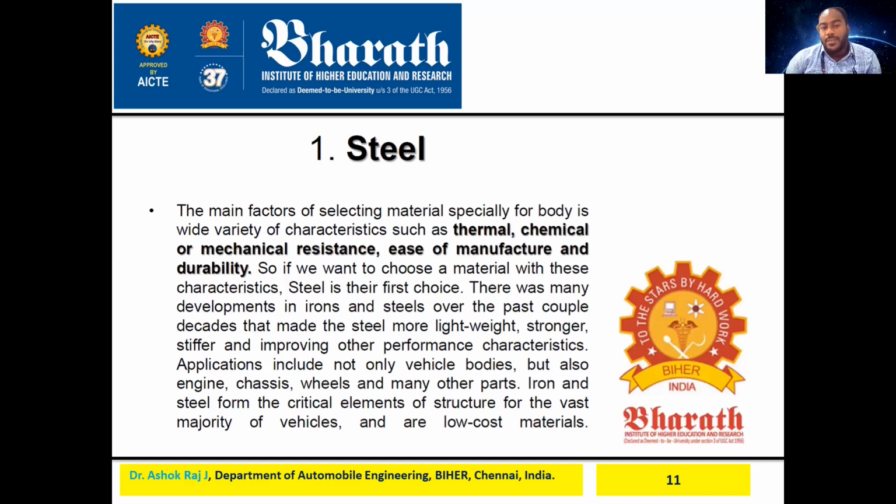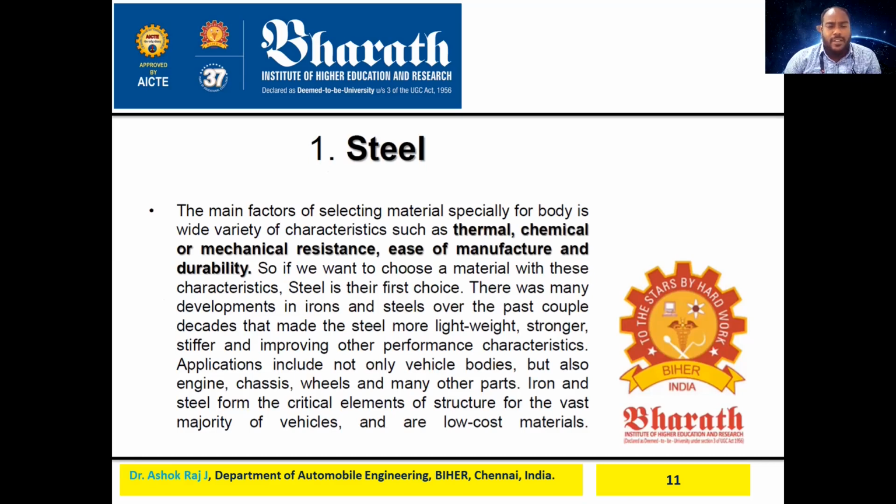So the main factor in selecting material, especially for the body, is a wide variety of characterizations such as thermal, chemical, mechanical resistance, ease of manufacturing, and durability. So, if we want to choose a material with those characterizations, steel is the first choice.